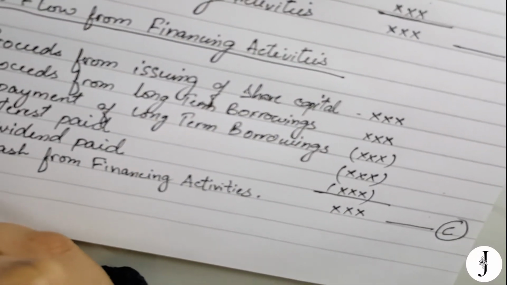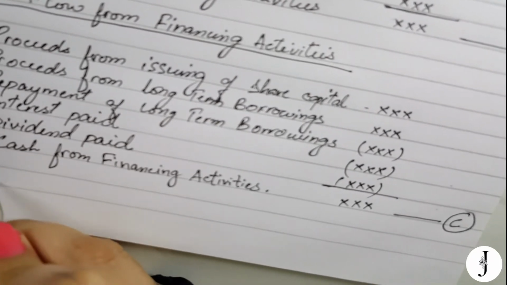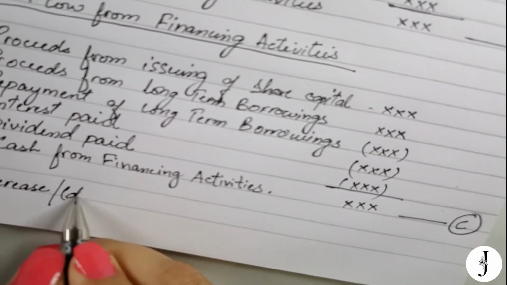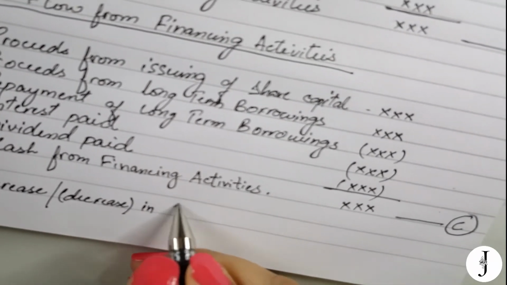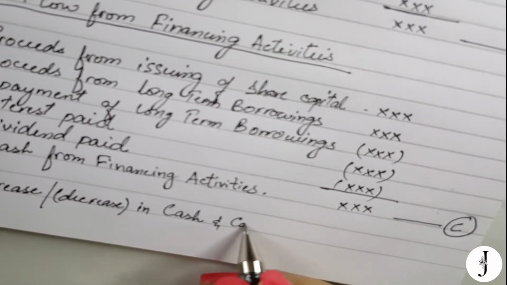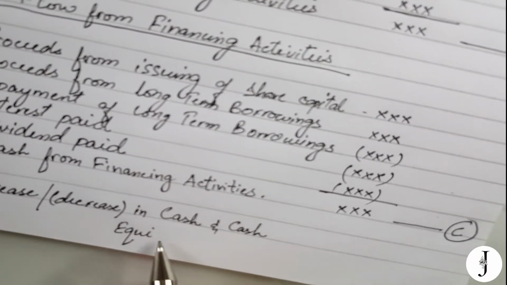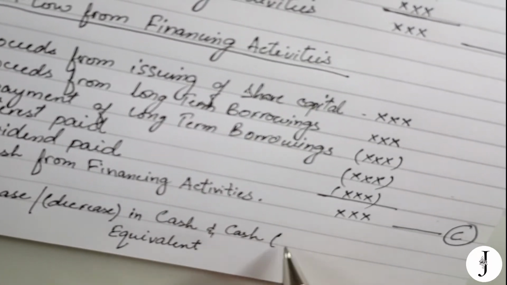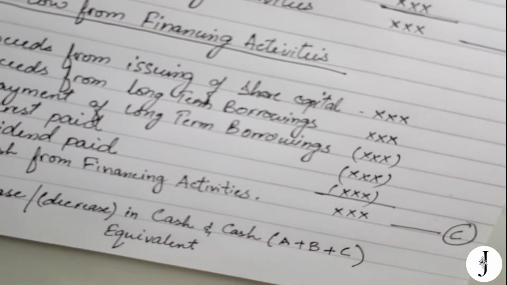So this we will write as net increase or decrease in cash and cash equivalent, which is A plus B plus C.